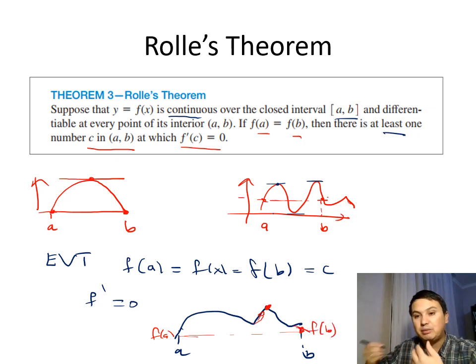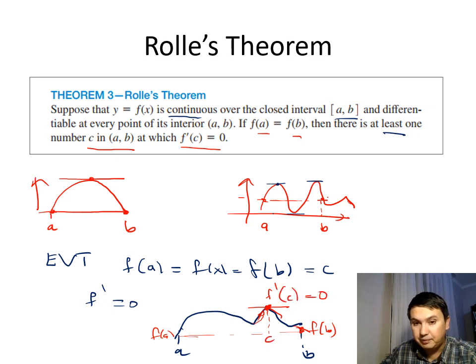So it has to somehow go down, right? So there will be some place where it's going up and some place going down, which means there will be a peak, right? This is the maximum, and at the maximum we are going to have a horizontal tangent. But a horizontal tangent means the derivative at this point is 0. Okay, so that's the intuition behind Rolle's theorem.